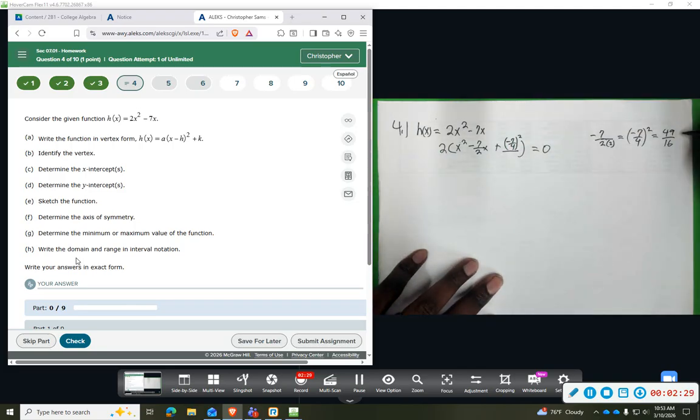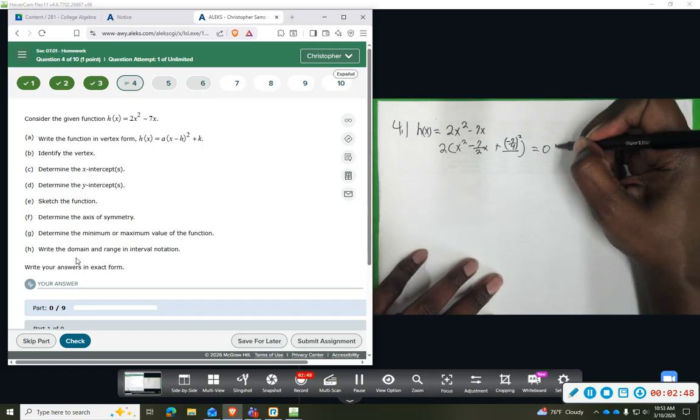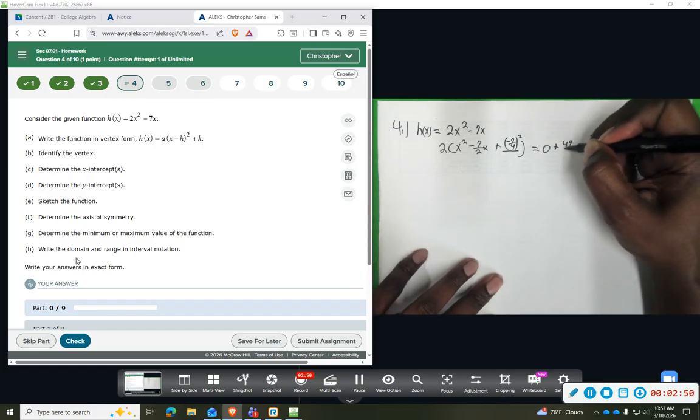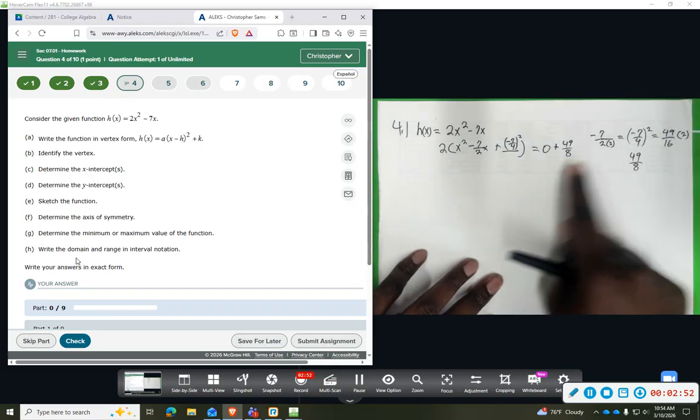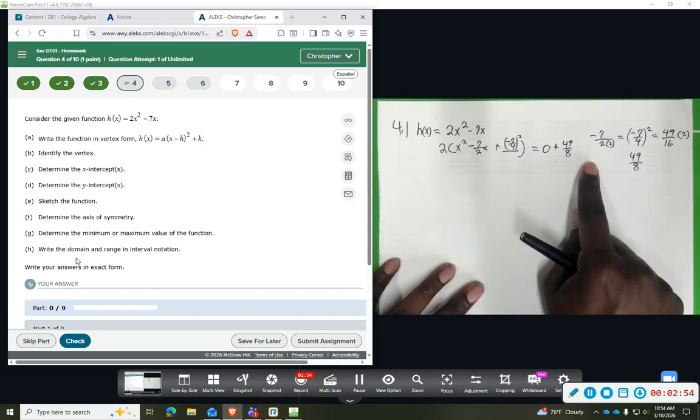So the 49 divided by 16 is going to get multiplied by 2. And instead of multiplying and making it bigger because we want to reduce to lowest terms, I'm going to take 16 and 2 and divide both terms by 2. And that will give me 49 divided by 8 that I need to add to this side. Okay. And so that will complete the square for me.